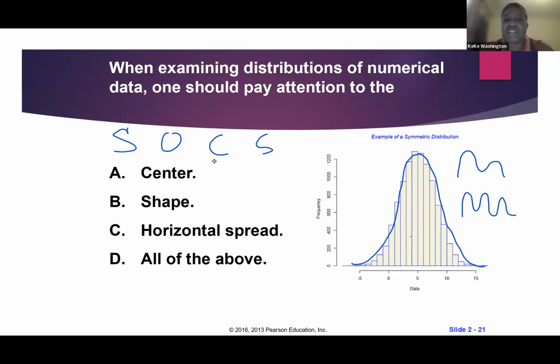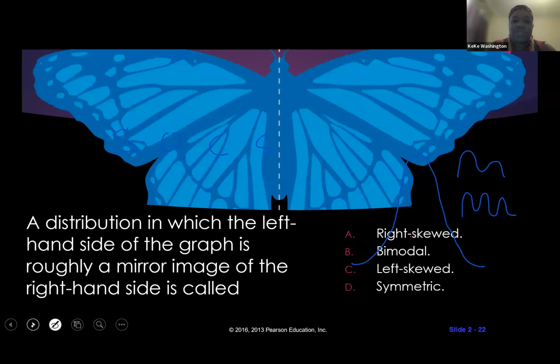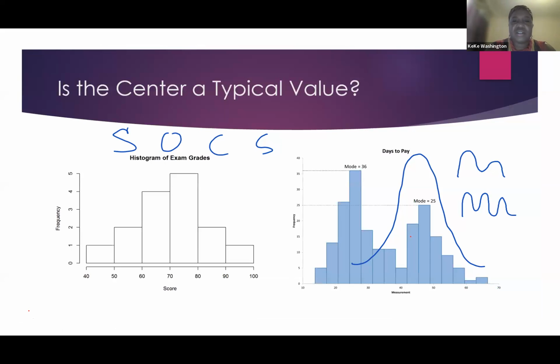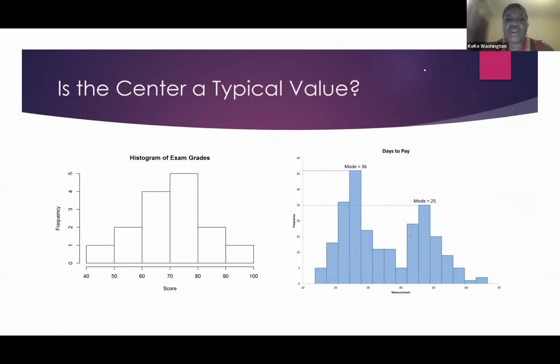The next one is center. You want to ask yourself, is the center the typical value? Okay. Here, symmetric and unimodal, my center is my typical value. The typical value, that's the highest occurring. It's the mode.